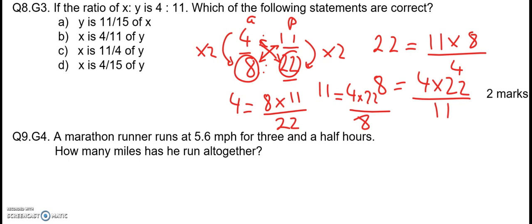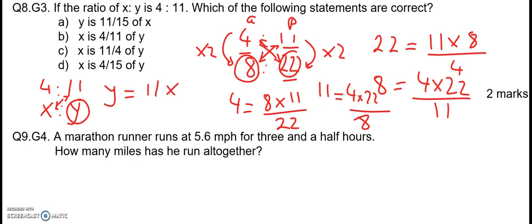So in this case now, where we've got 4 to 11 being equal to x to y, right? So we don't know whether we've scaled up or down, and we don't know these two numbers after they've been scaled up or down. So in terms of y, just like we had with 22, I could write that y is equal to 11 times x and then divide that by 4.